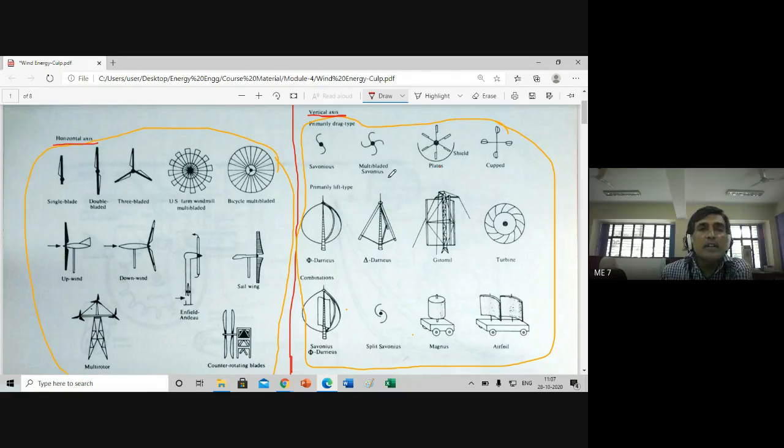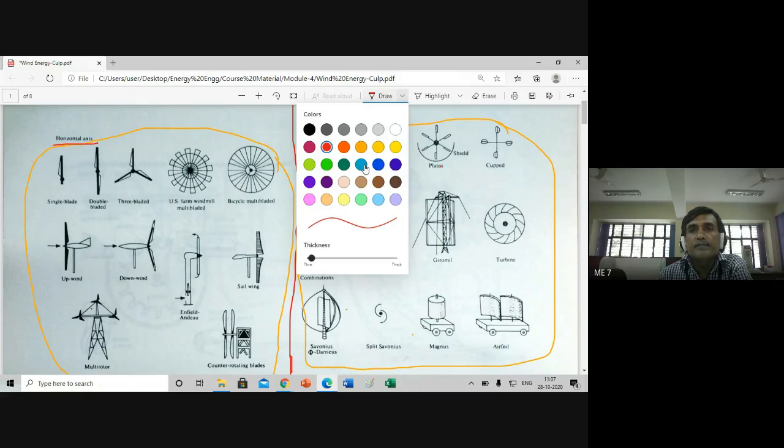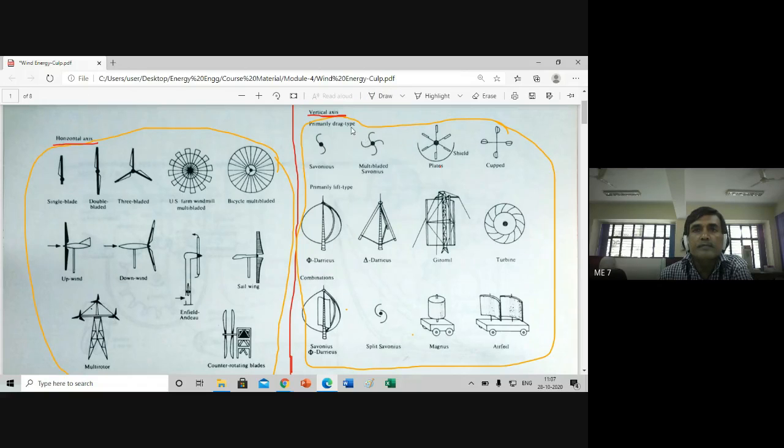Okay. Look at this. Now let us see from the first. Horizontal axis wind turbine. We have to use this blade. If a single blade we are using, it is of this type. Double blade is like this. This is one blade.